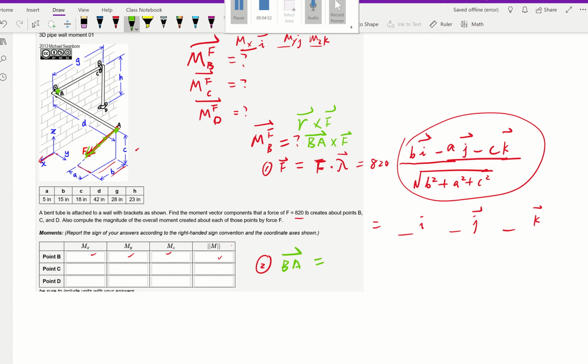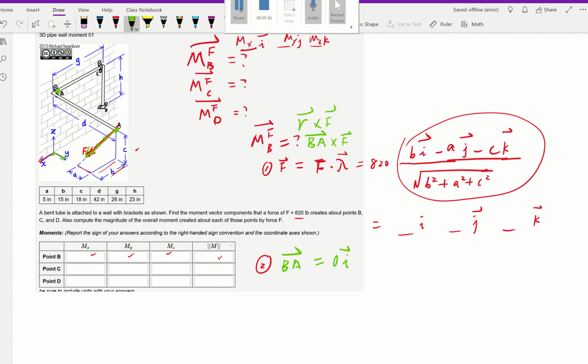Like I said, BA is horizontal, parallel to the ground. So we can just use the coordinate difference, because BA is a position vector. For the x direction, they share the same x coordinate, right here, so it's equal to 0, so 0 i. Now j: B to A, so it's A minus B, in the y direction.